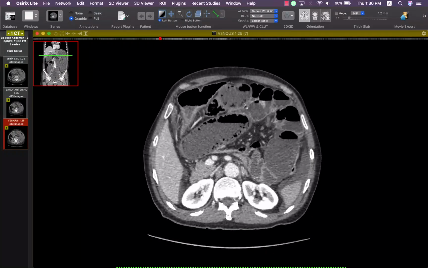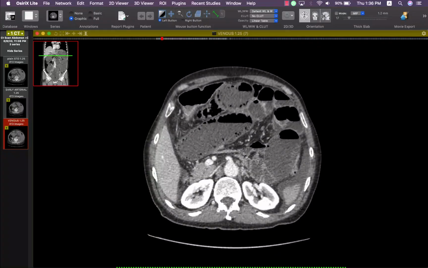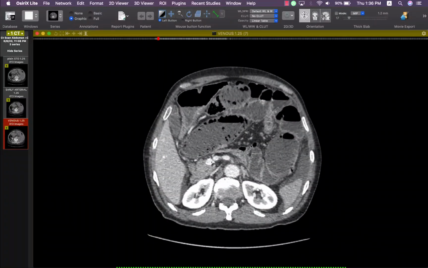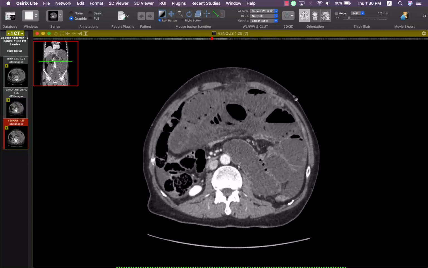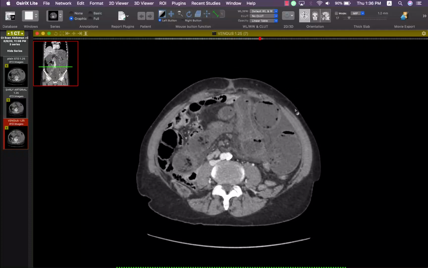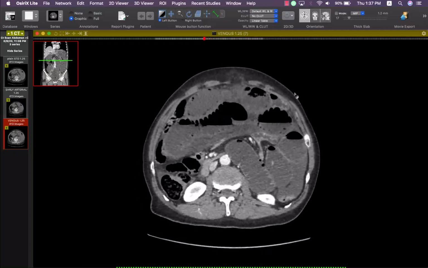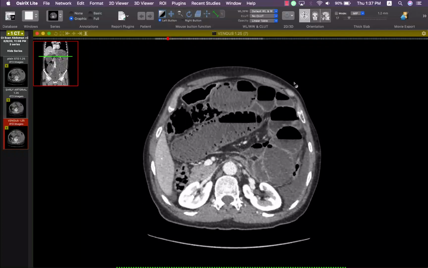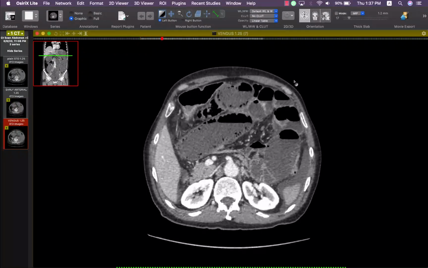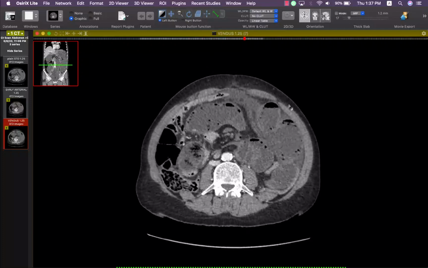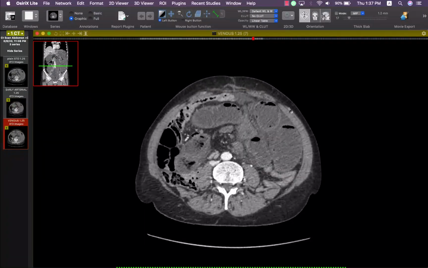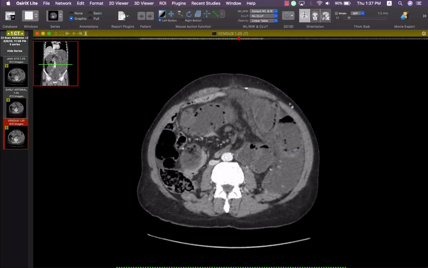You can see here, this is the superior mesenteric artery. Once it arises, it is deviated to the right side, and this is not normal. So this is one of the signs that occur with the transmesenteric type of internal hernia. So we favor the diagnosis of the transmesenteric type rather than adhesion as the underlying etiology for this closed loop obstruction.